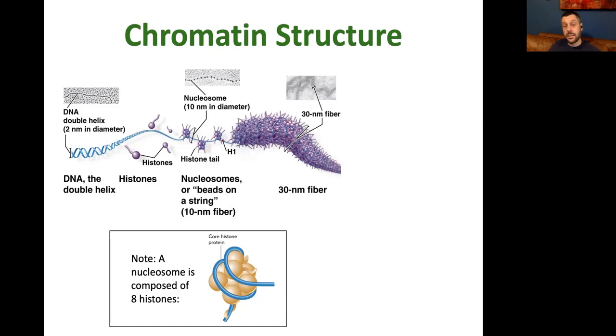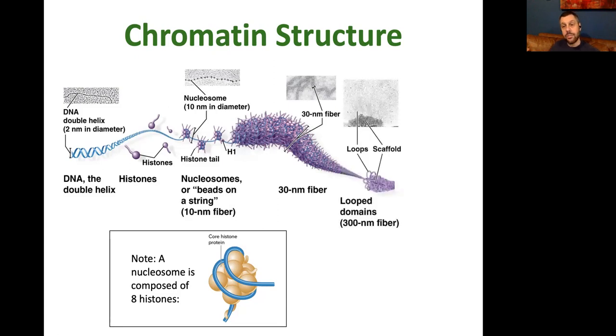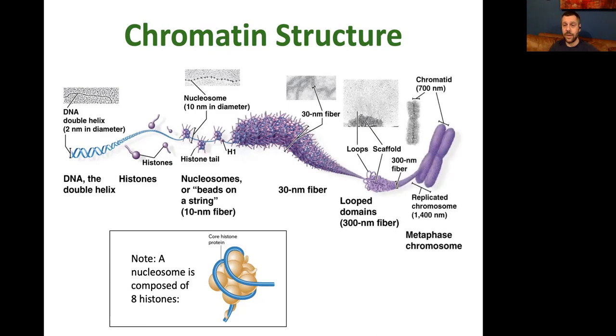And then the nucleosomes can actually wrap around each other to give what is called a 30 nanometer fiber, another compacted structure. And then finally, this 30 nanometer fiber can also be compacted into these 300 nanometer fibers. So you can see how it's very compacted, right?